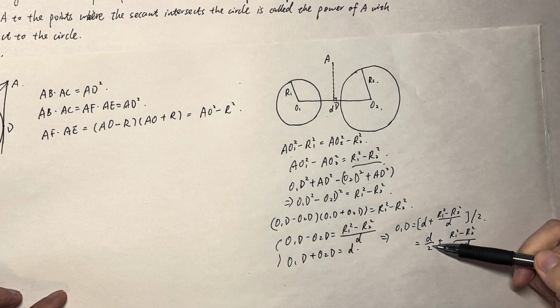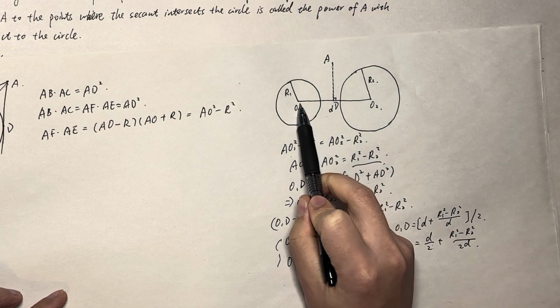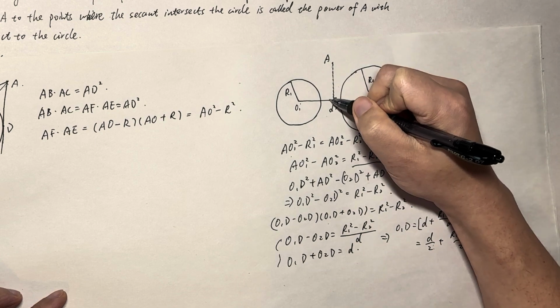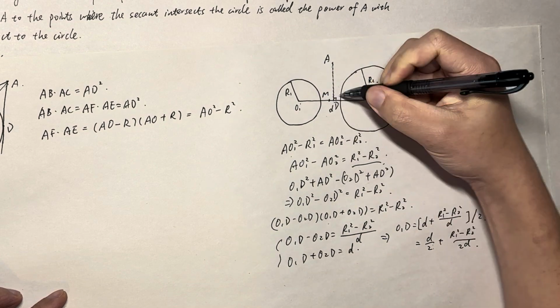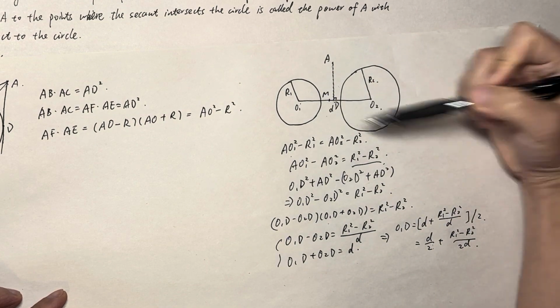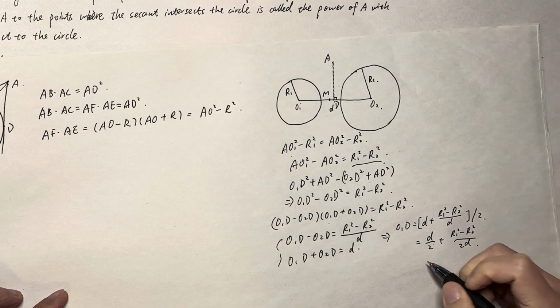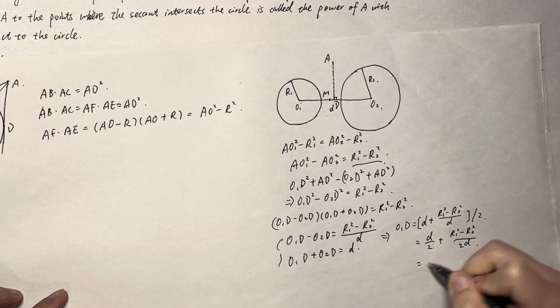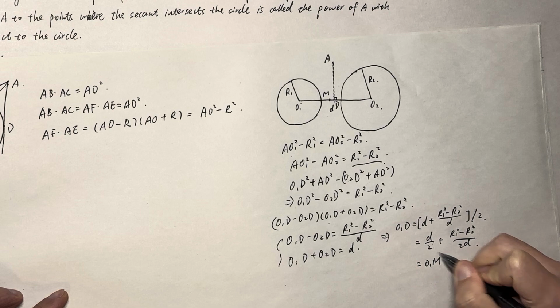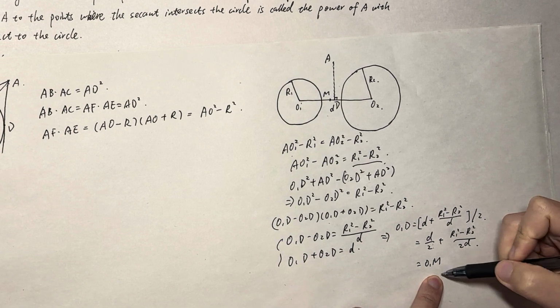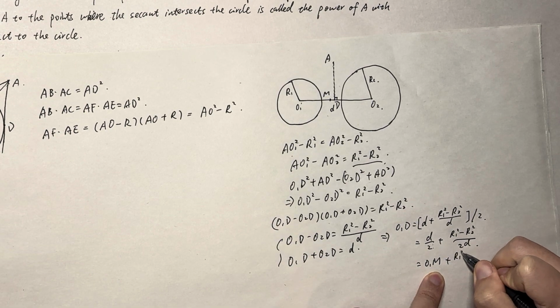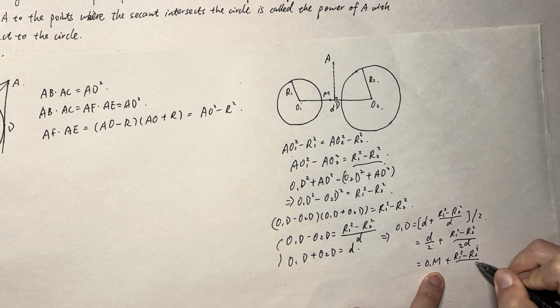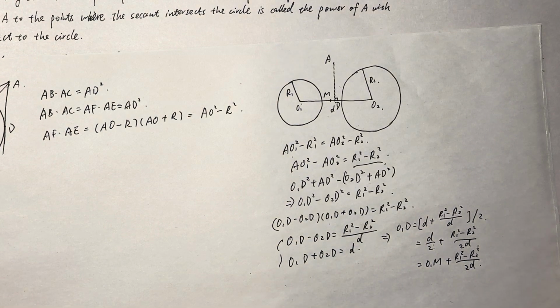So what is d by 2? That's the midpoint of O1 and O2, right? Let's call it midpoint M. So it equals O1M, the midpoint distance, plus R1 squared minus R2 squared divided by 2d.